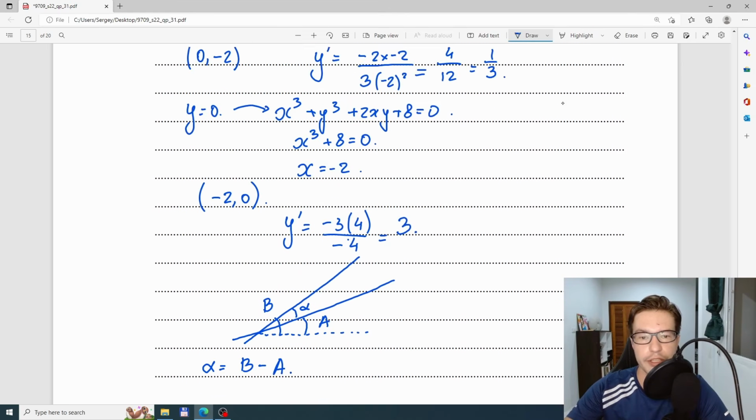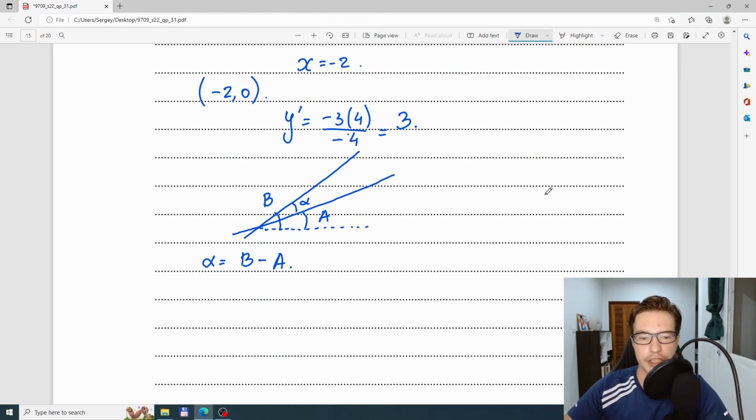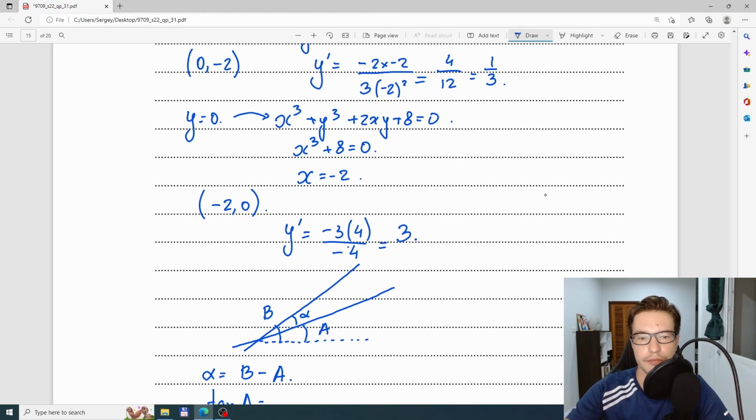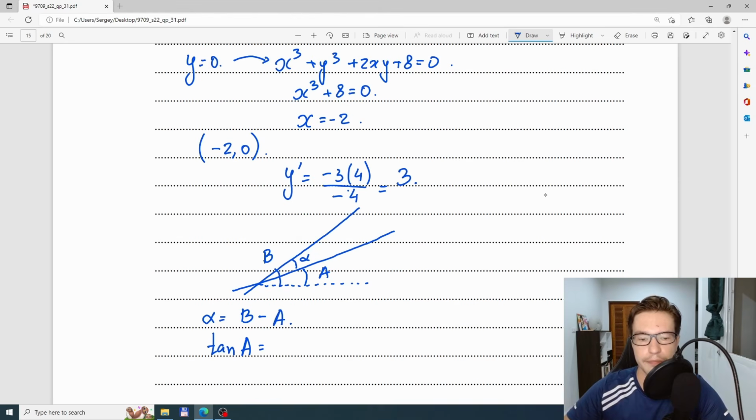And what we have is tangent A and tangent B. Let's say tan A equals 3, and the second is 1 over 3.